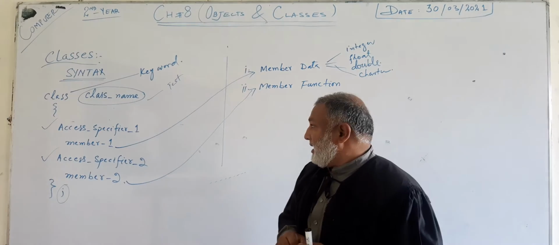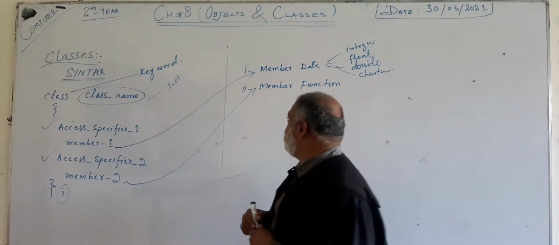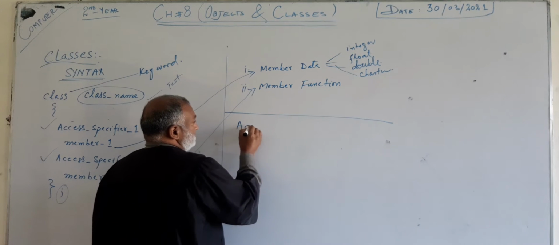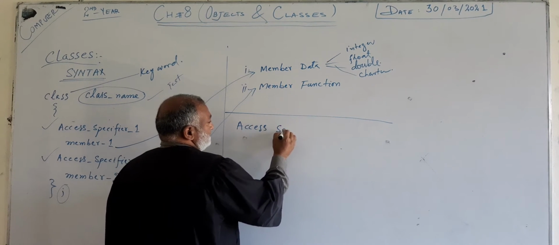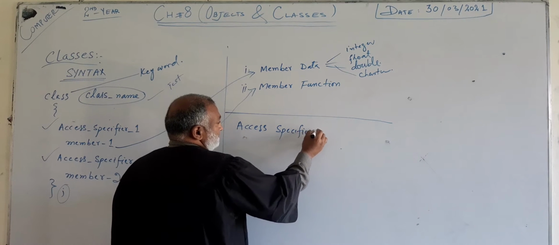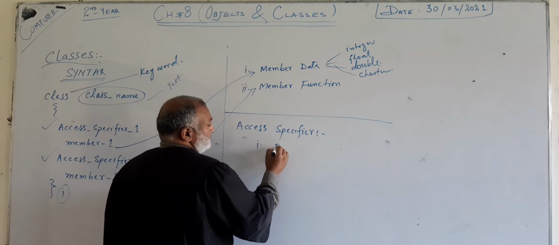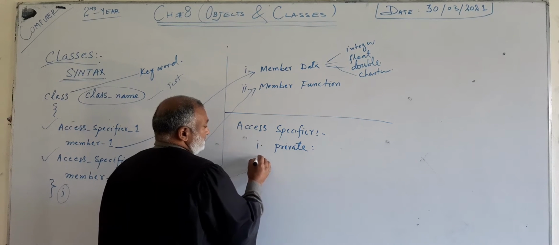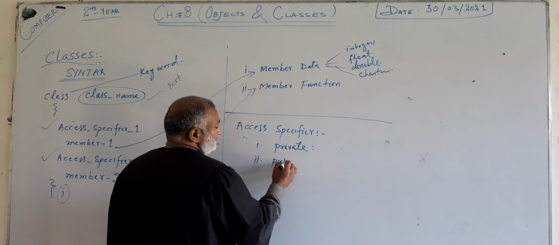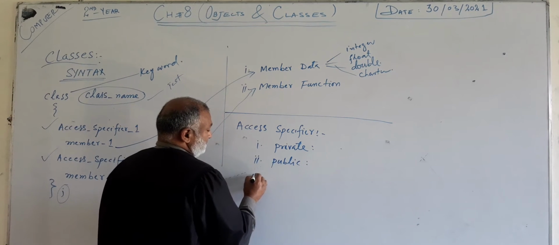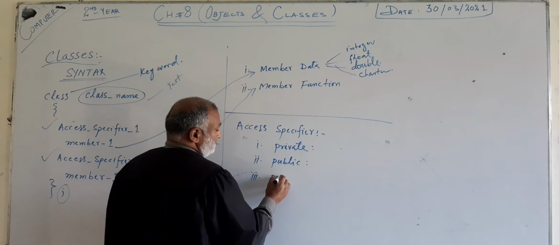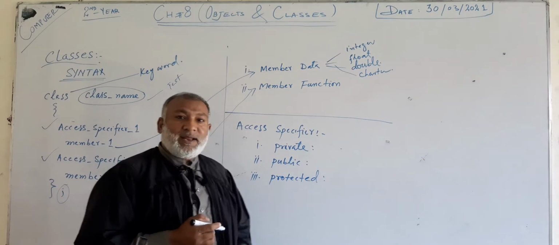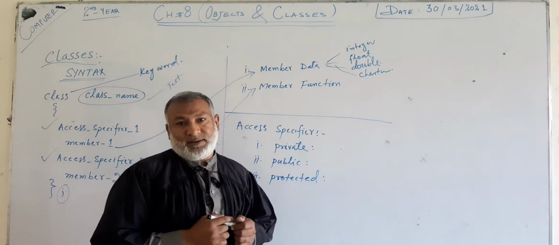So normally we have three access specifiers. These are the three access specifiers that we can use in a class.